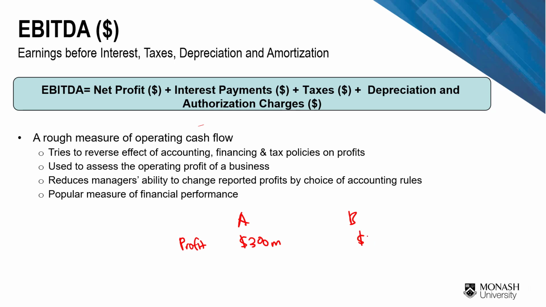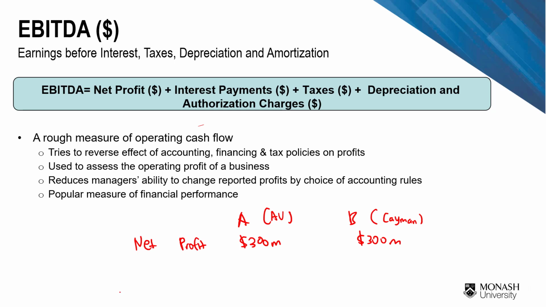This is net profit, by the way, so this is actually after you pay taxes and everything. Company A is operating in Australia, and let's say company B is operating in the Caribbean. Let's say we are talking about Cayman Island, tax-free, don't have to pay tax for anything.